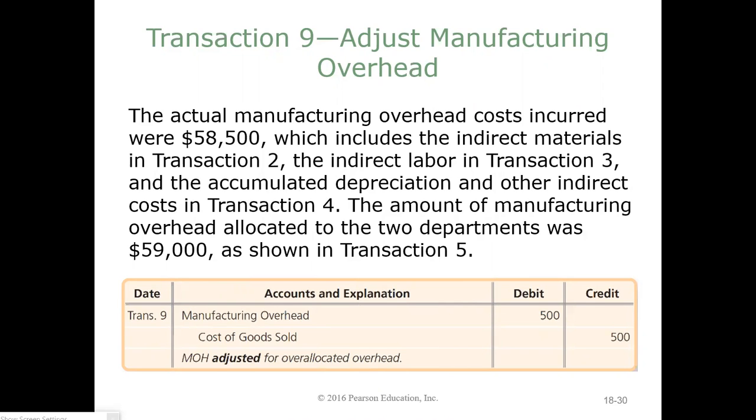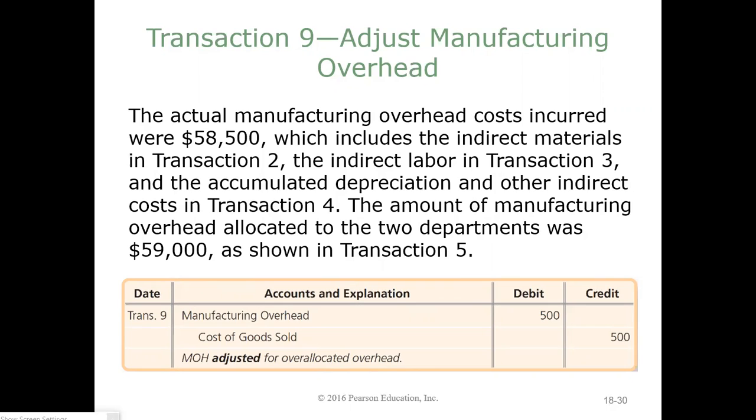So we're going to debit manufacturing overhead $500, and we're going to credit cost of goods sold. Remember that last transaction is always to close out, because this manufacturing overhead account is just an accumulation account we're using during the period. In the end, we're always going to close it to cost of goods sold at the end of the period, okay, to a real expense.